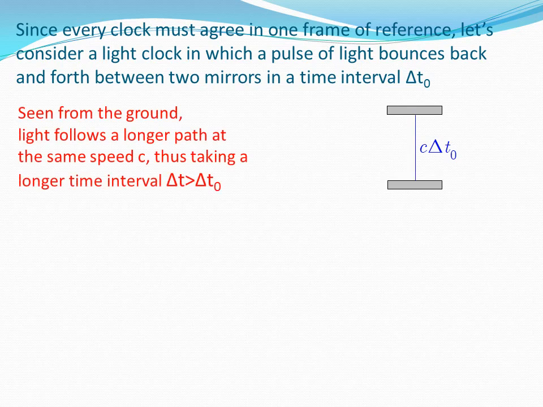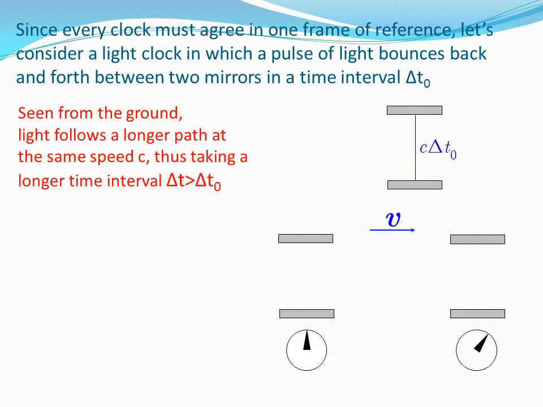But seen from the ground, light follows a longer path at the same speed c. Thus, it takes light a longer time interval. We will denote it by delta t, which is greater than delta t0.